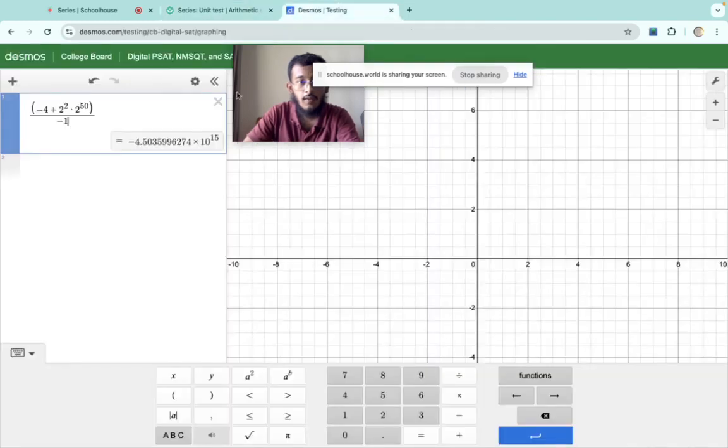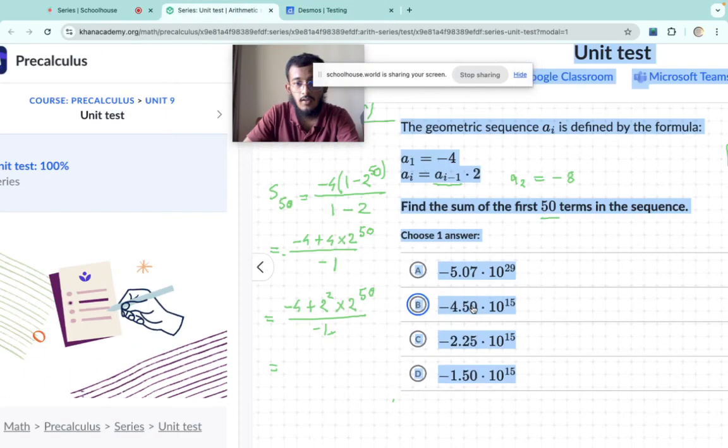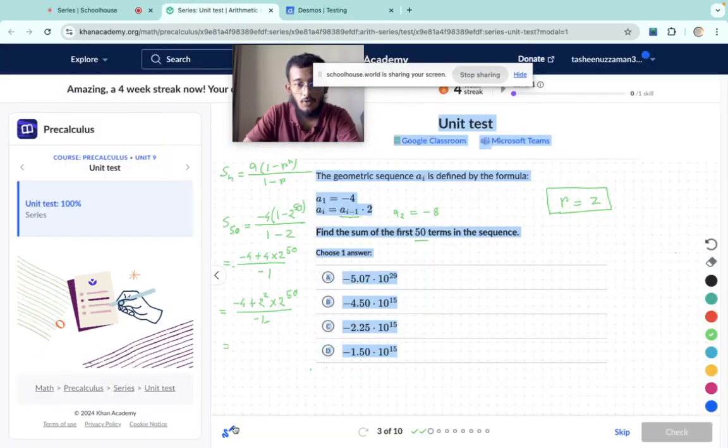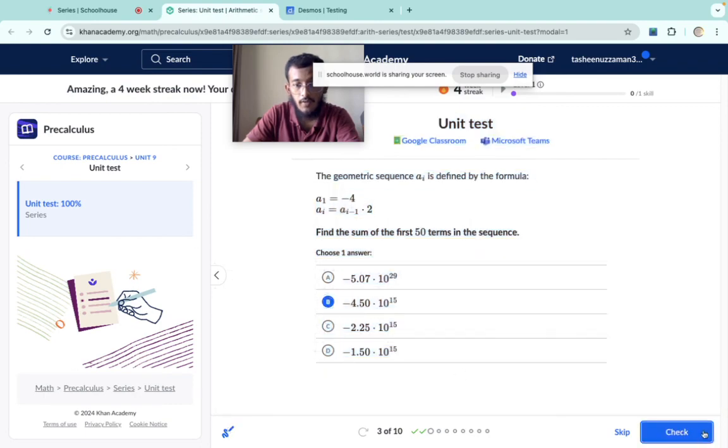So we get an answer of -4.5 times 10 to the power 15. That matches with choice B, so choice B should be our answer.